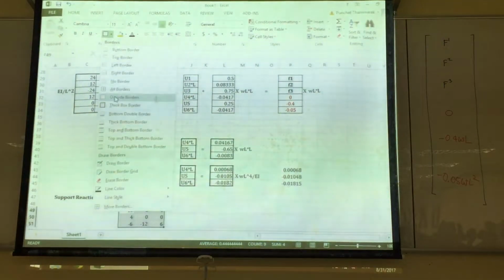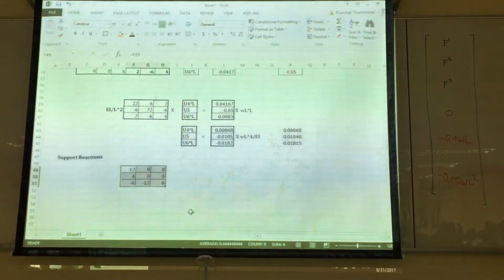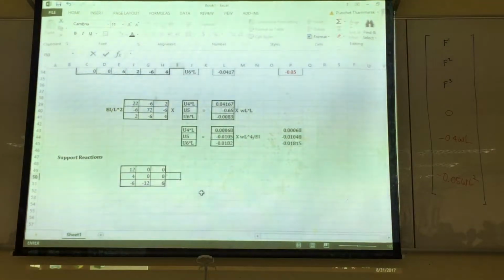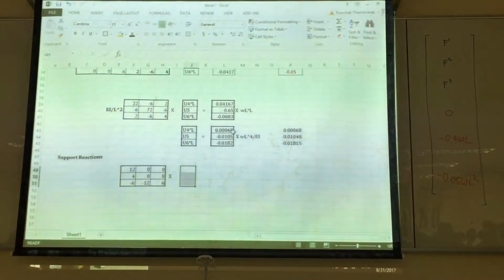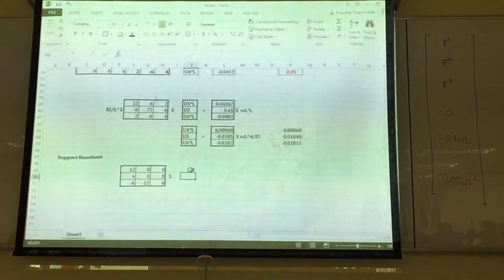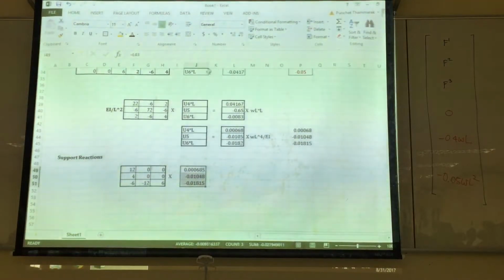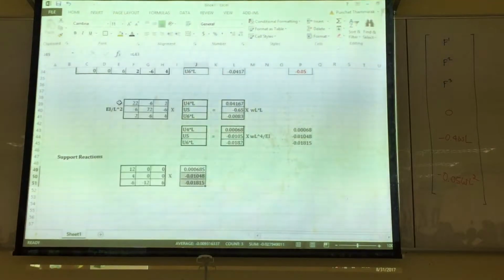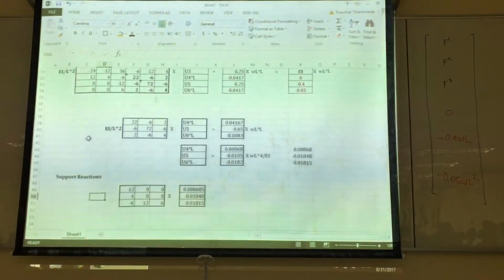And then multiply by what? By this one. You multiply by this one. What is the scale? I bring out the scale. So out here you have EIL squared.